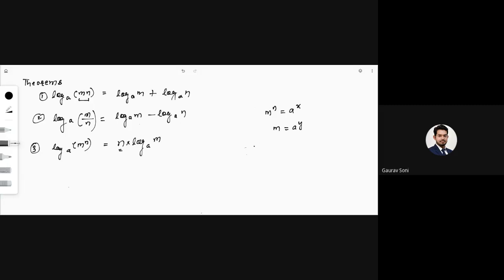Then you do m raised to n. So m raised to n will be equal to a raised to y raised to n, which is also equal to a raised to x.